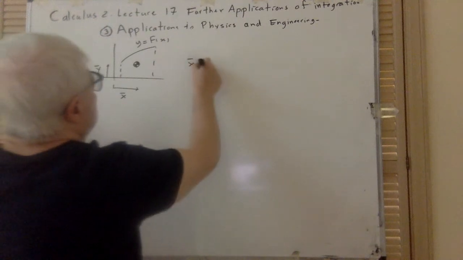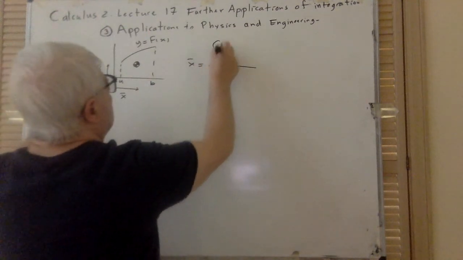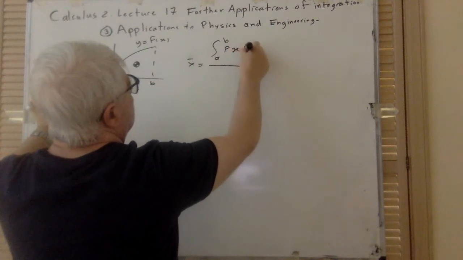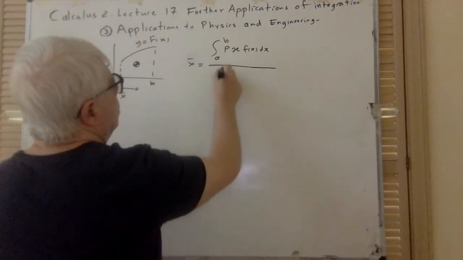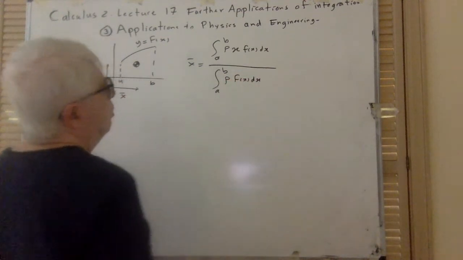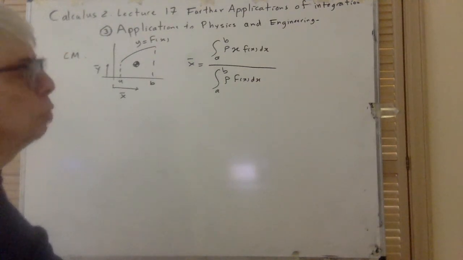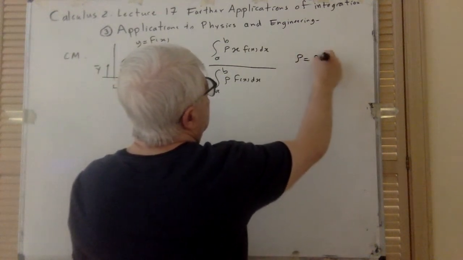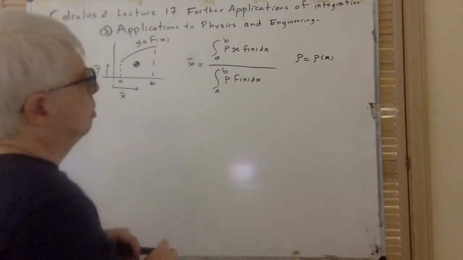So x bar here is the integral from a to b of rho times x times f(x) dx, over the integral from a to b of rho f(x) dx. Now, if rho is constant, just eliminate rho. Otherwise, rho might be a function of x. If rho is a function of x, it is like this. Without that, you can cancel it.